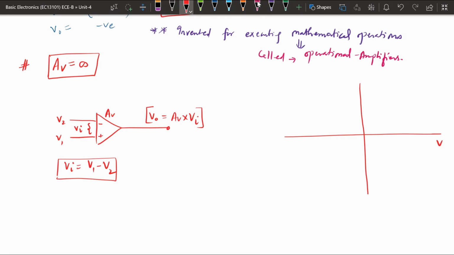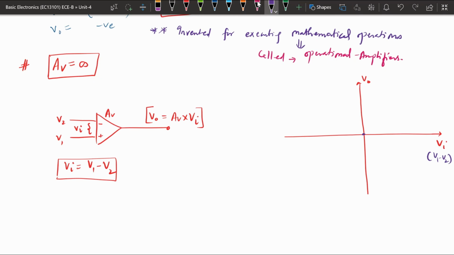So just see the plot, how the ideal plot will be with respect to different input and output conditions. So this is your input voltage and this is your output voltage. For the ideal case, if the input voltage Vi, which is V1 minus V2, is greater than 0, that means if this is the 0 point, whatever the case is, the output will be positive.